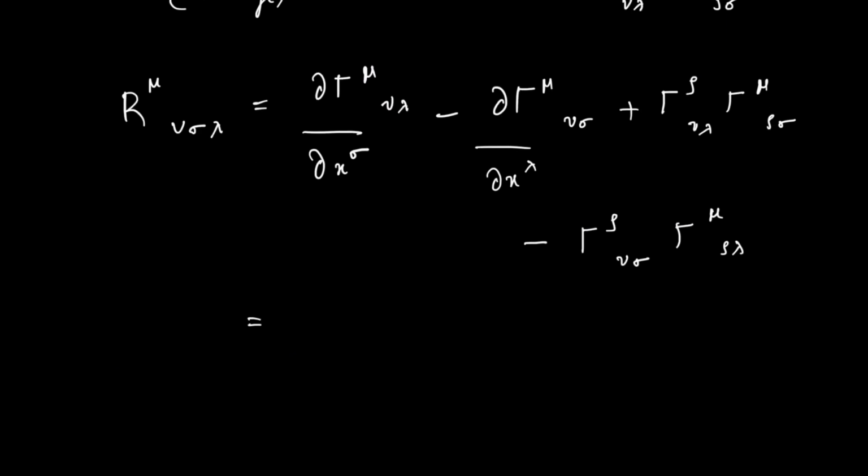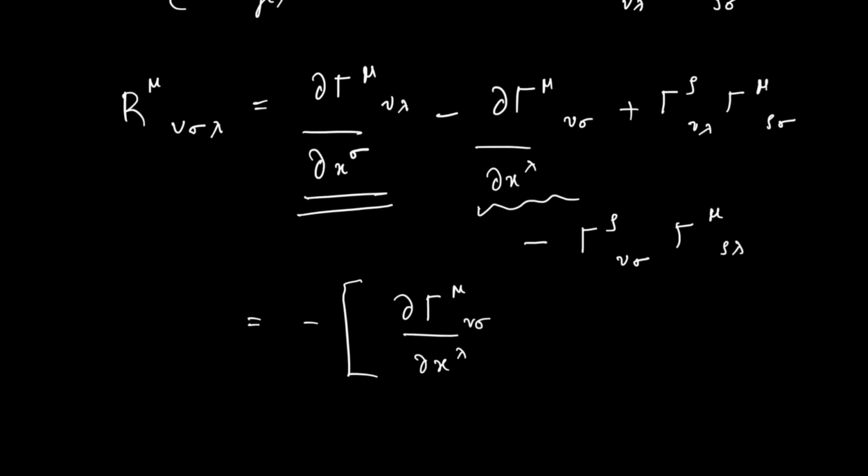I will take the negative outside and check, because I have to check whether this is anti-symmetric or not. So I'll take out a negative and see. Once I take the negative outside, I'll get mu nu sigma with respect to x lambda, this term. So negative is outside. Now I have to write this term, but I have to put a negative.